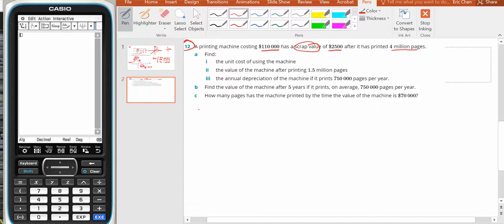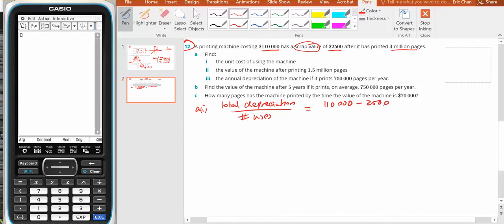Okay. So unit cost, part one, is given by total depreciation divided by number of uses. So total depreciation: how much value has it lost in its lifetime if it gets to scrap value?